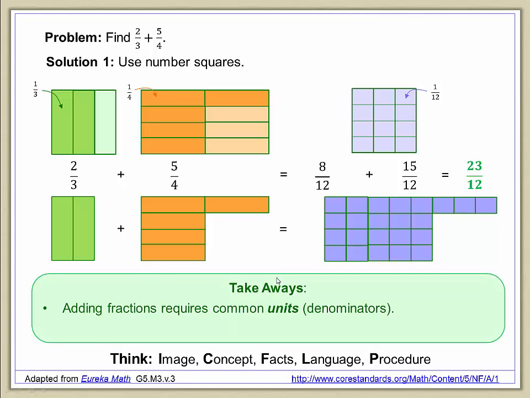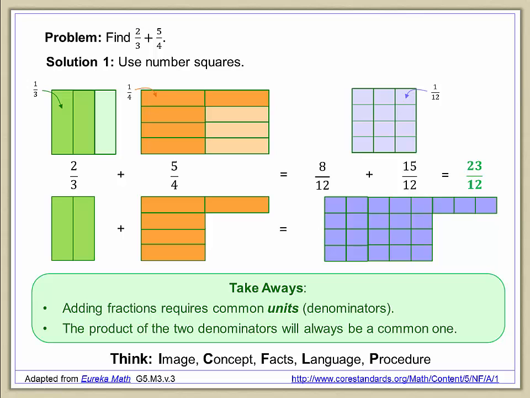So our takeaways here is that first of all, you can't add fractions until you have common units, which means a common denominator. Denominators are units. And in order to do that, you can find a common denominator by multiplying the 2 denominators together, and you'll always get a denominator that you can use as a common one.